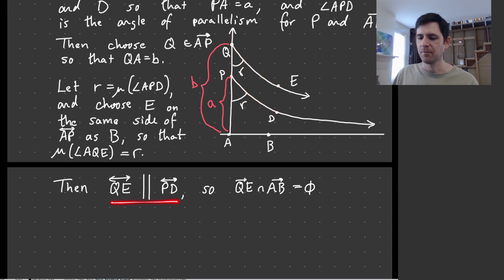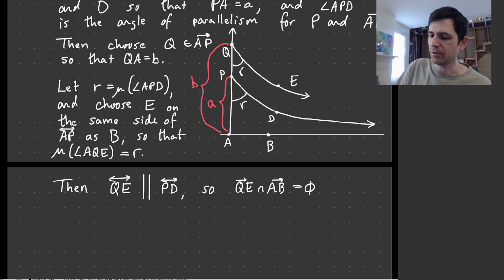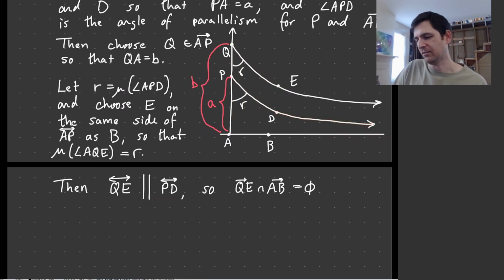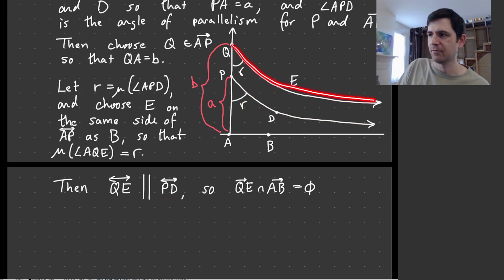If I continue this line further, it's not going to intersect this line. Certainly it can't intersect this line because it would have to pass through this line to do that. So QE also does not intersect AB.